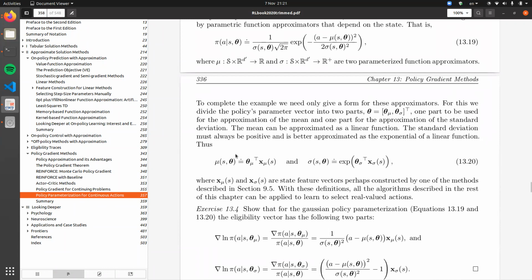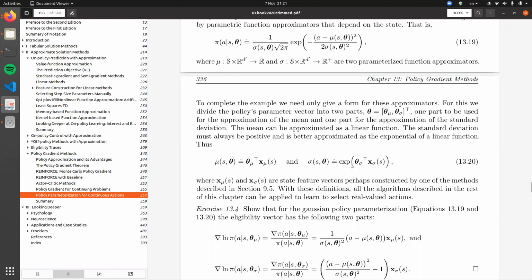One of the simplest ways to do that is using a linear function approximation. In that case we will have a feature vector for mu and a feature vector for sigma, and then a parameter vector for mu and sigma.